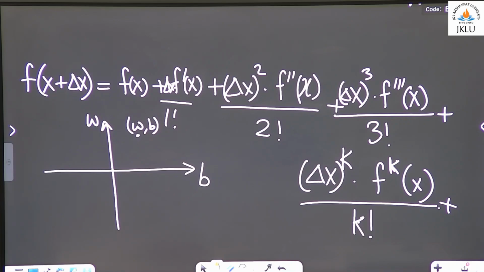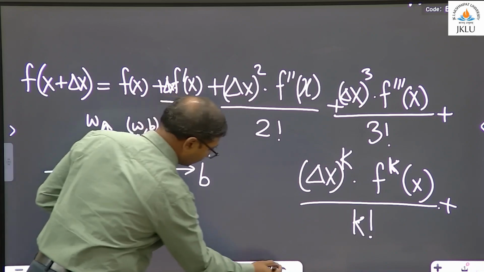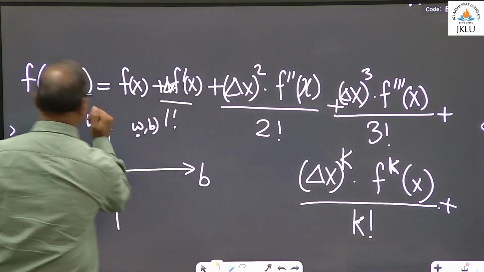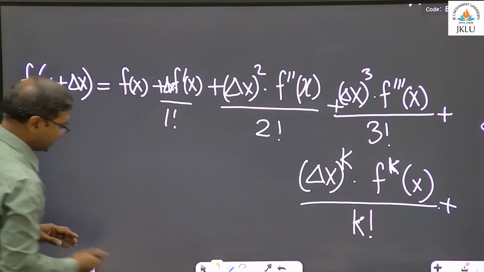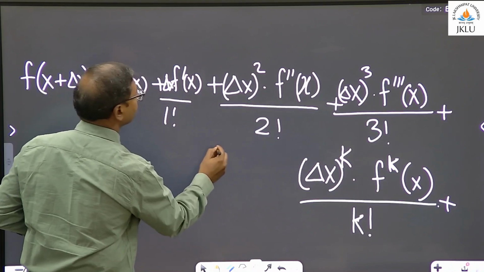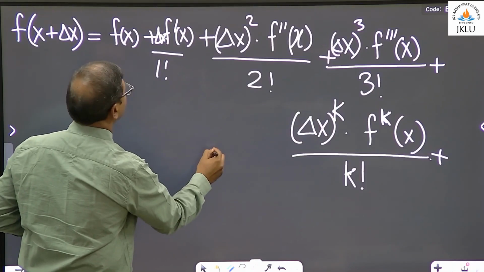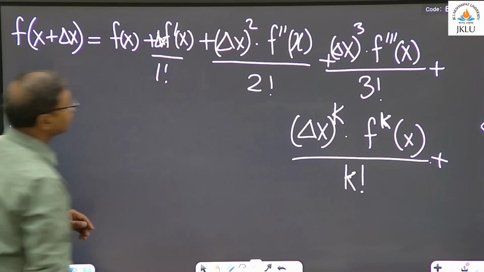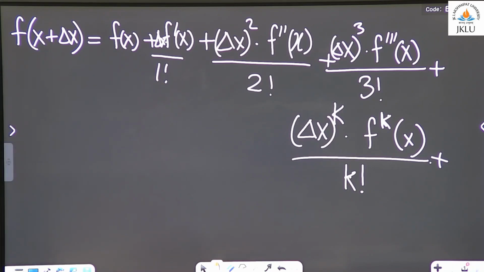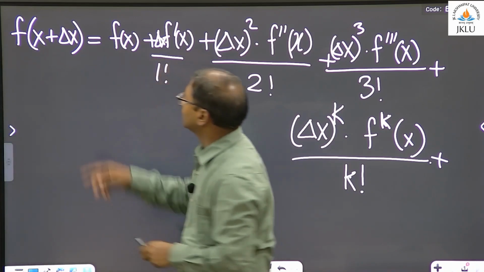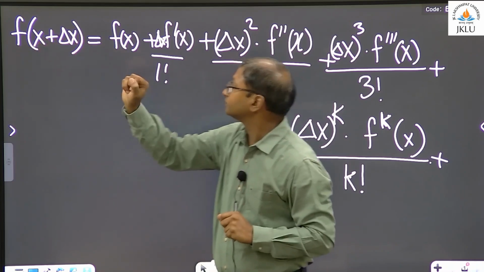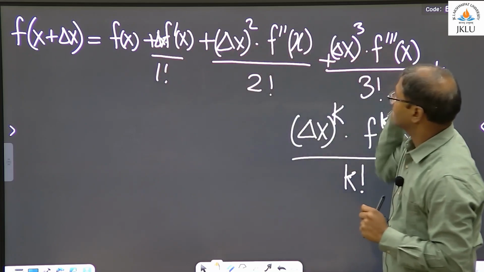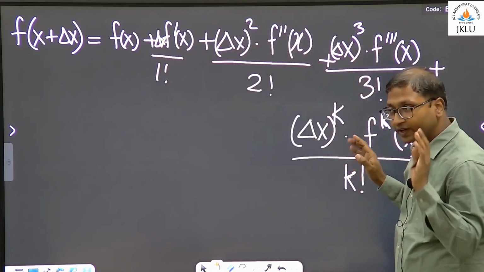I won't do this right now because I'll do it for the vectorized form. Right now I'll just state it. In fact, vectorized form also I won't write separately, I'll just change this. So, change in x, what will be the value of the function there? It will be this. This gives you with infinite precision.